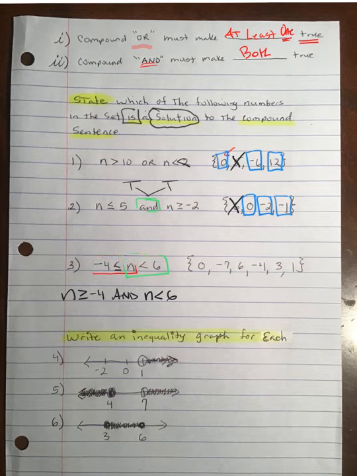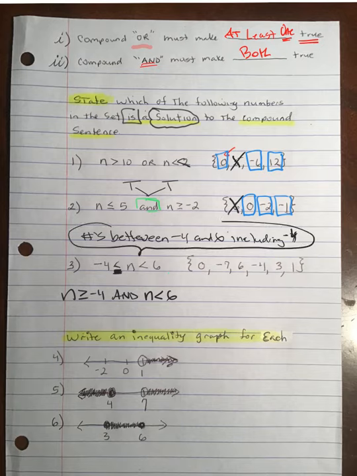You can also read this as all the numbers between -4 and 6, including -4, because -4 has an equal to symbol. So including -4, that's another way to read this.